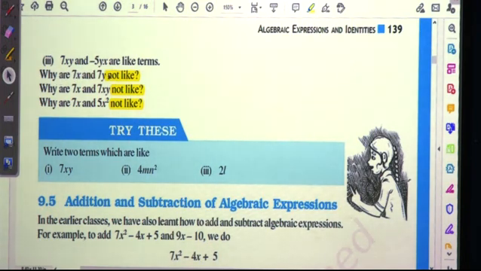So, x and y are not the same, so they are not like. What about x and xy? x is present, but y is not present here. So, 7x and 7xy are not like.